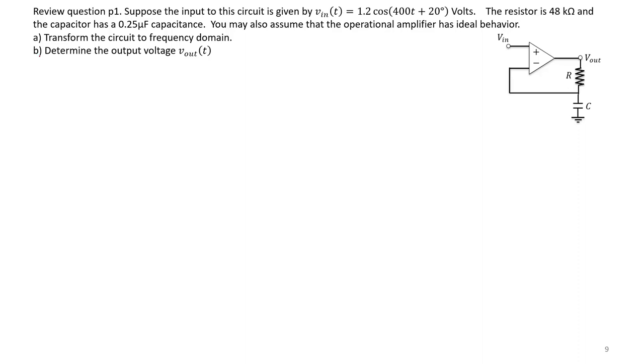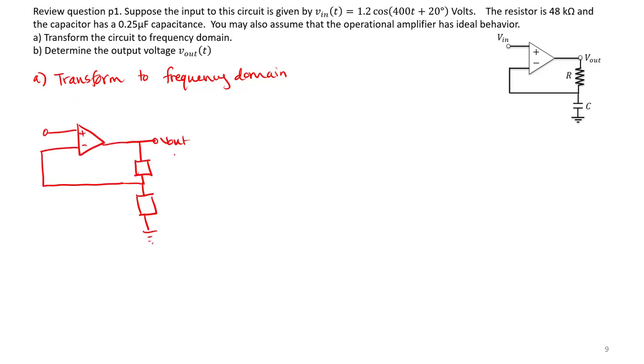Okay, so our first step is to transform to frequency domain. And I'm also going to go ahead and apply my box trick as well. So we see in frequency domain, our input voltage Vin of t, that Vin is going to be equal to 1.2 angle 20 degrees volts.